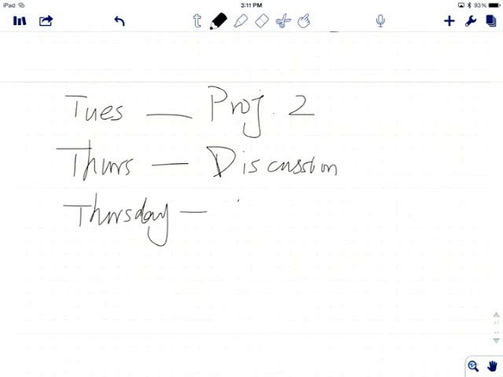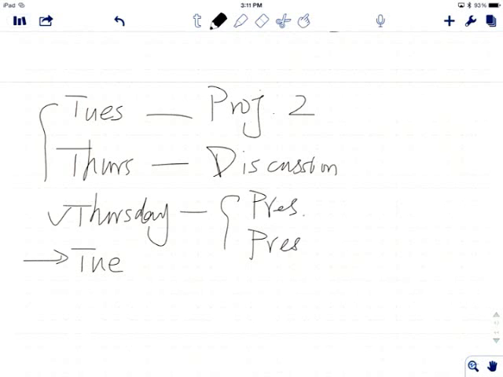Then we'll have presentations, and of course another Tuesday for presentations. This is next week, this is also next week, and then the week following. So we have presentation part 1 and part 2. This time we're going to start with group 12, and then do the reverse order like we mentioned last time.